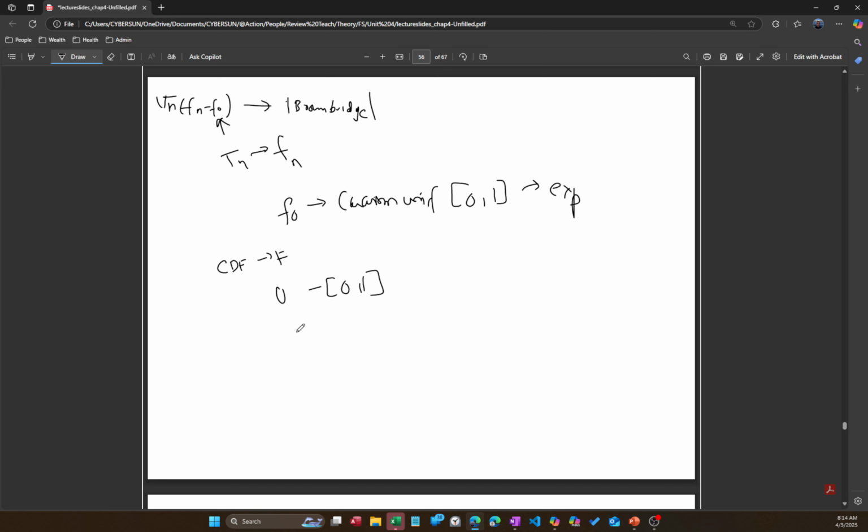And now we'll compute the random variable X by using F inverse of U. So that will produce a random variable X.